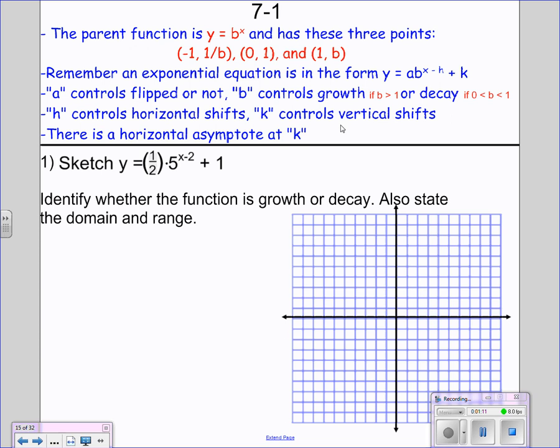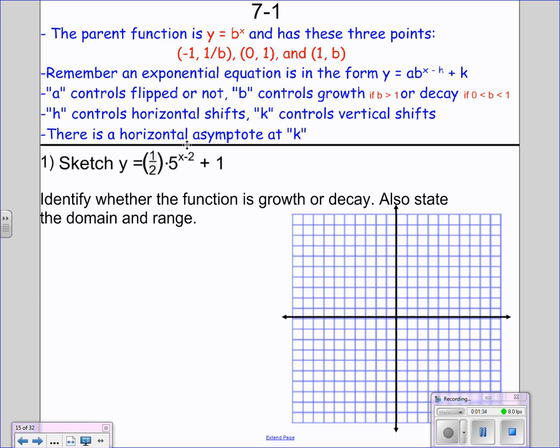Also, it determines if it shrinks or stretches vertically. B will control growth or decay, kind of like the rate of change. H controls horizontal shifts. K controls vertical shifts.